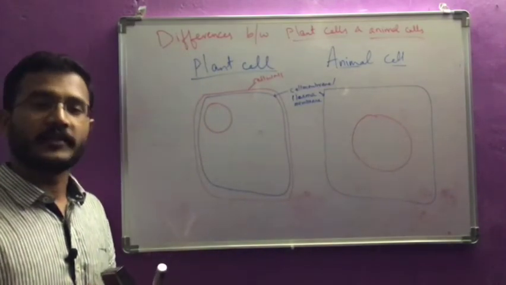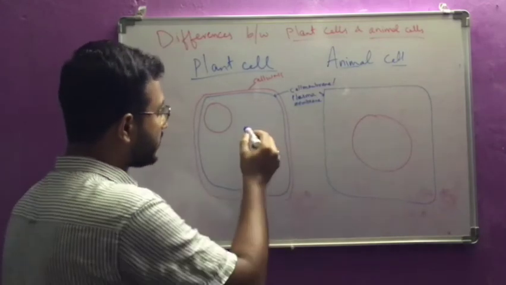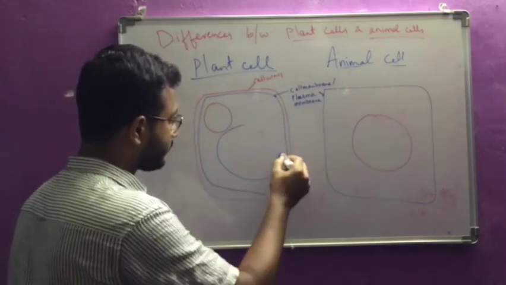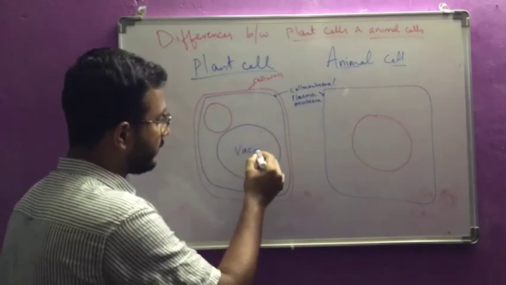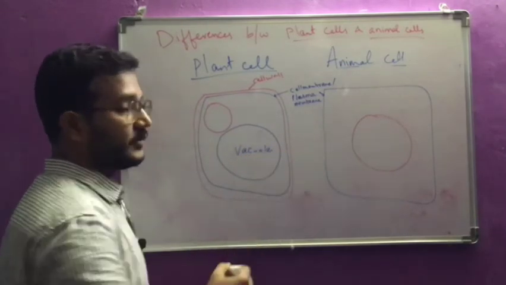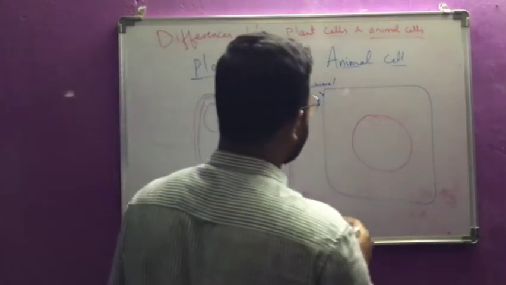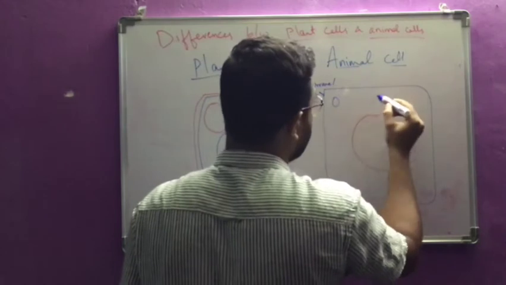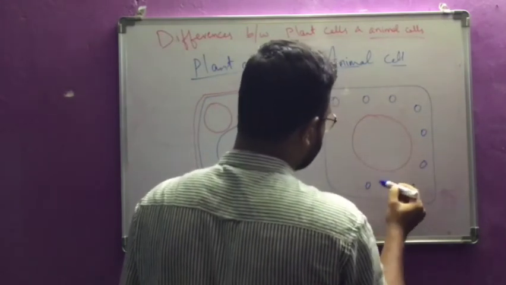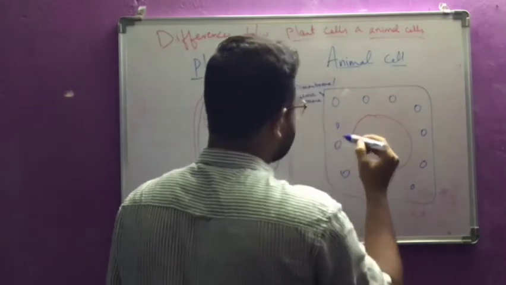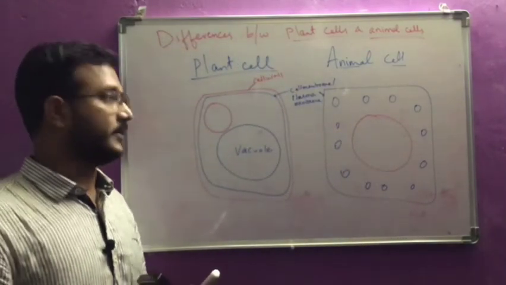So what is the reason for that? Because of the presence of a large sized vacuole in the plant cells, it pushes the nucleus to the peripheral sides of the cell. But in the case of animal cells, the vacuoles are very small in size, so they cannot push the nucleus to the peripheral side. That's why the nucleus occupies the central position of the cell.